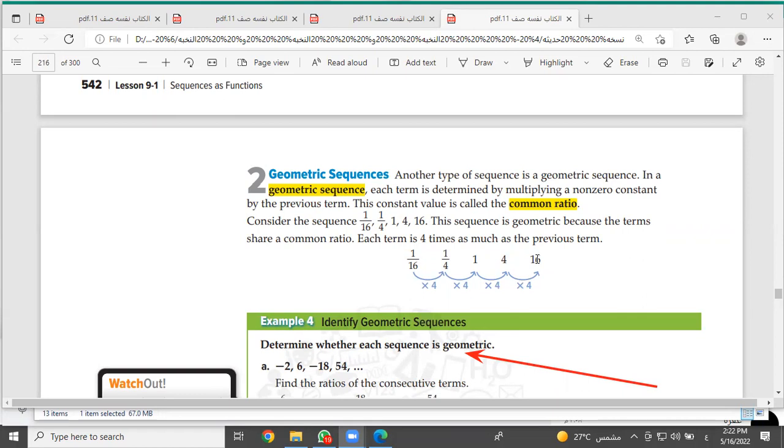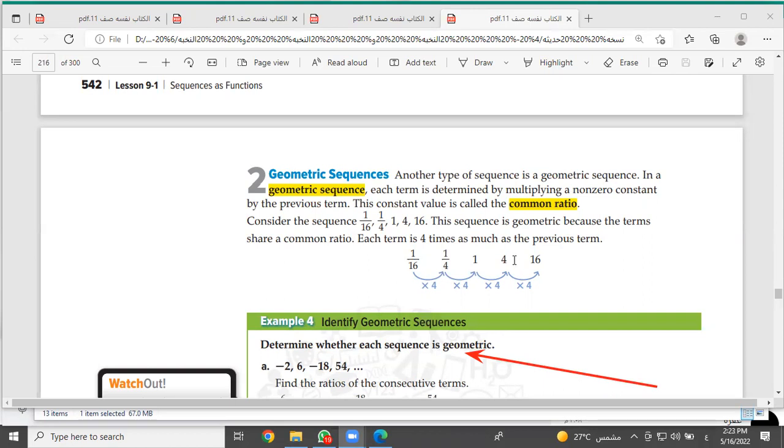There is a common ratio between any two successive numbers. For example, 4 over 1 equals 4. 16 over 4 equals 4. So the common ratio between any two successive numbers equals 4.